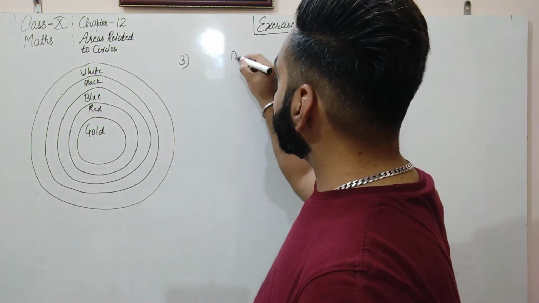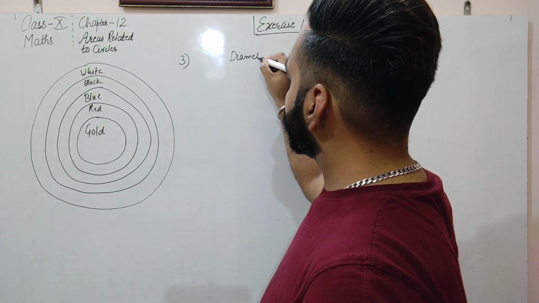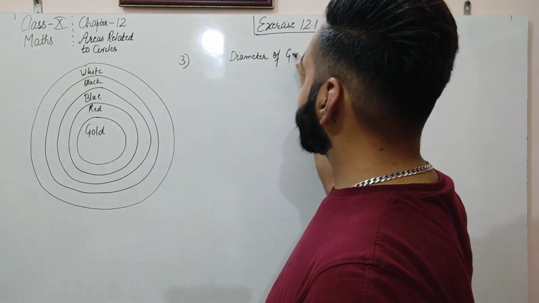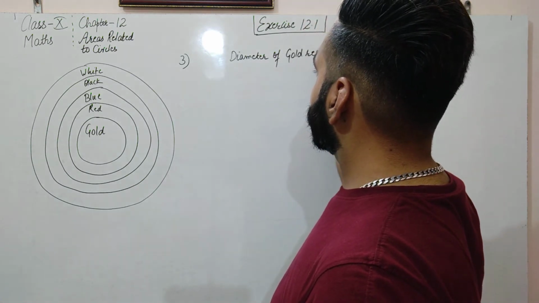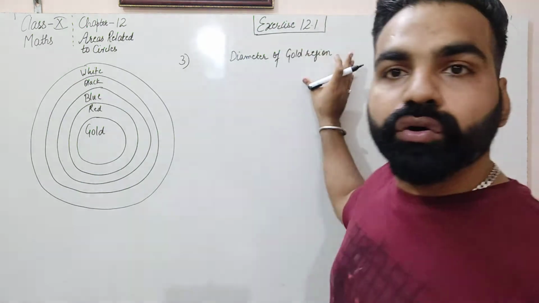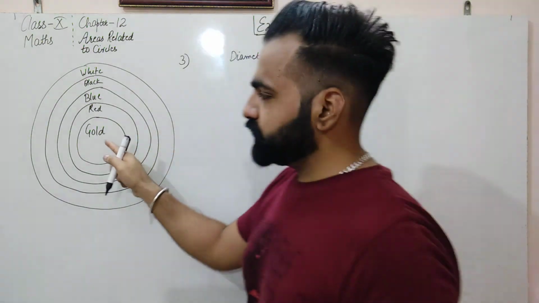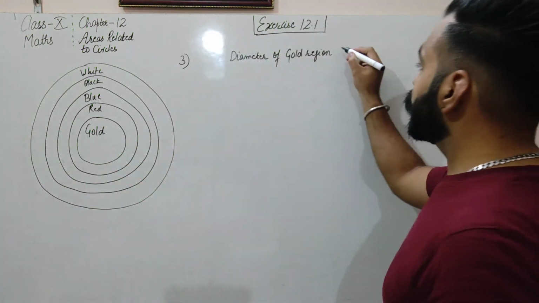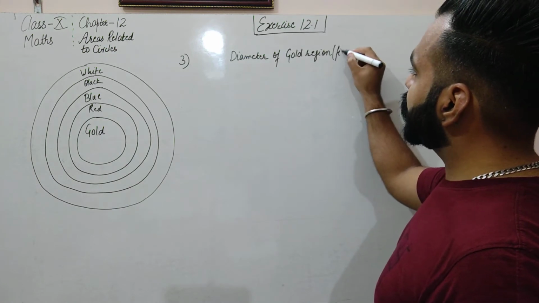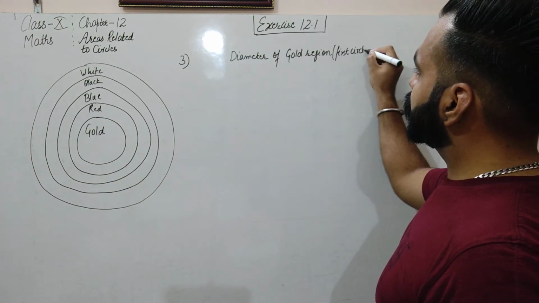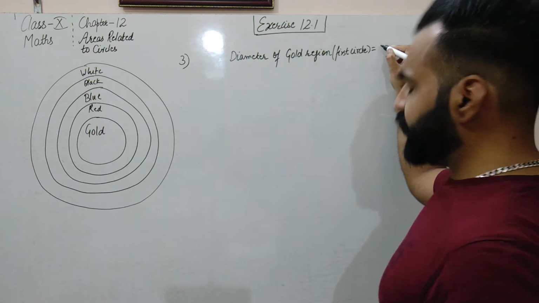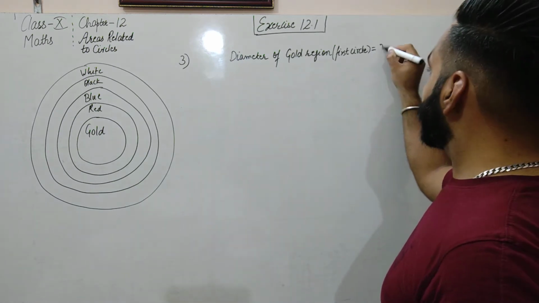So diameter of gold region, that is, we will say gold region as the first circle. We are starting from the center. Gold region, that is first circle, equals 21 centimeter.